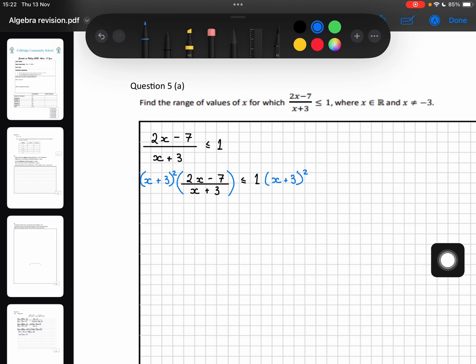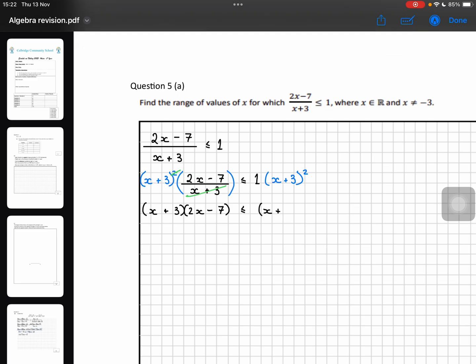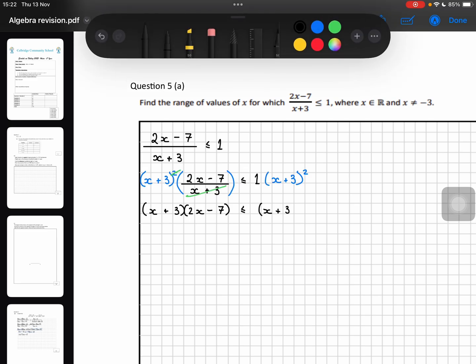One of these in the squared is going to cancel with the denominator because it's dividing. And I'm still going to be left with (x plus 3) by (2x minus 7), and that is less than or equal to 1 times (x plus 3) by (x plus 3). I don't need to write out the 1 times because I know that's not going to change my answer.